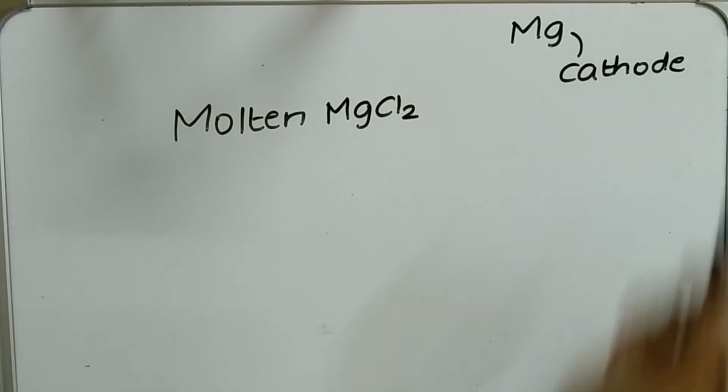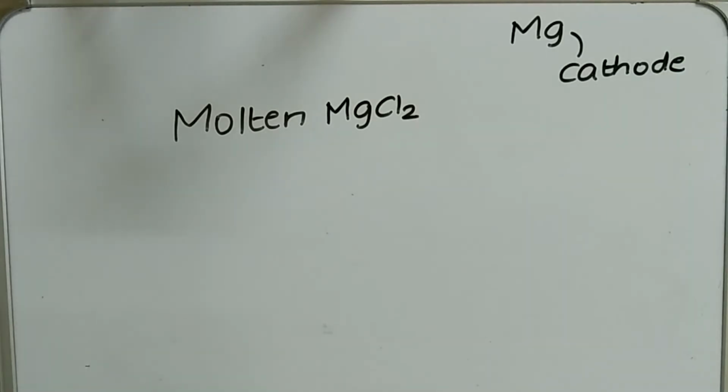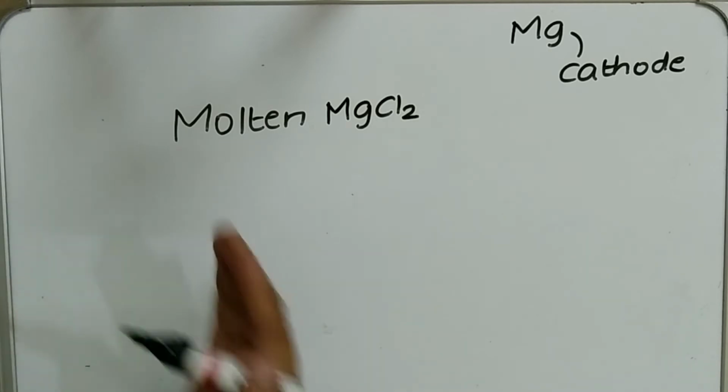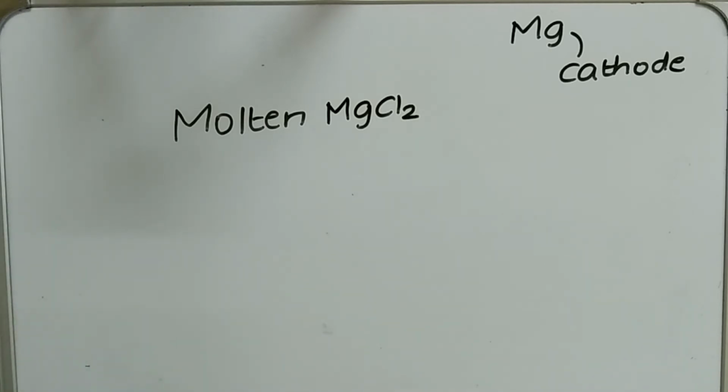What amount of Mg is deposited at cathode? What is given is molten MgCl2. Just the way we solved the previous question, we will solve this. So what will be the equation here? We will write the equations first. At anode, the same equation as the previous one, with Cl minus ions.